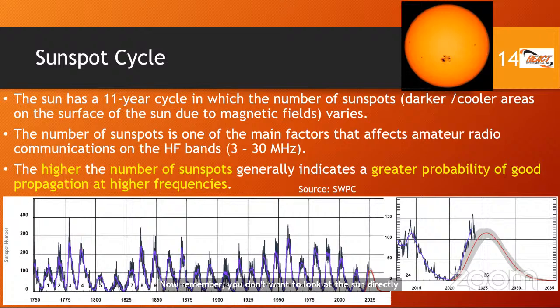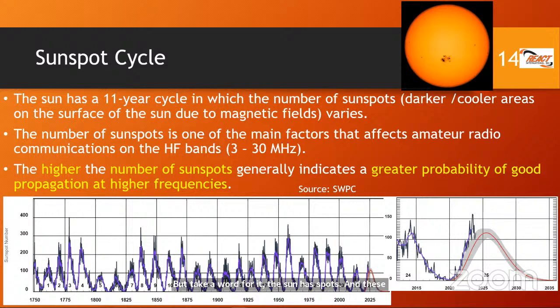There's a safe way to observe it, but please don't go looking at the sun to find out if you can see spots. If you do so, do it having been trained or with someone who is duly trained to take those pictures or look at it. Please save your eyesight. But take our word for it, the sun has spots, and these spots come and go in an 11-year cycle.